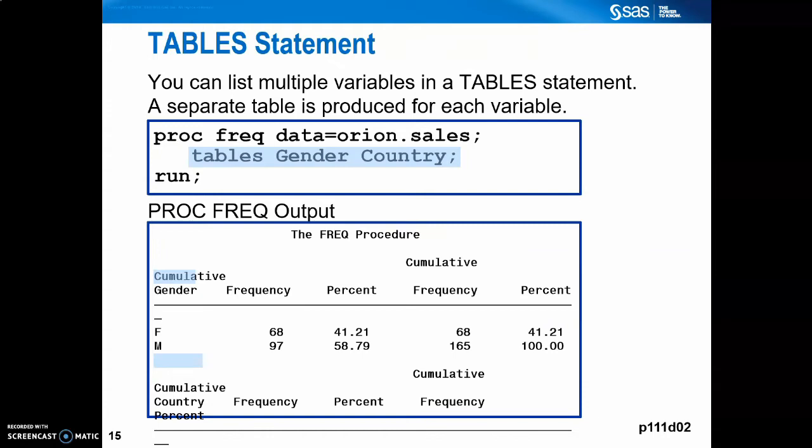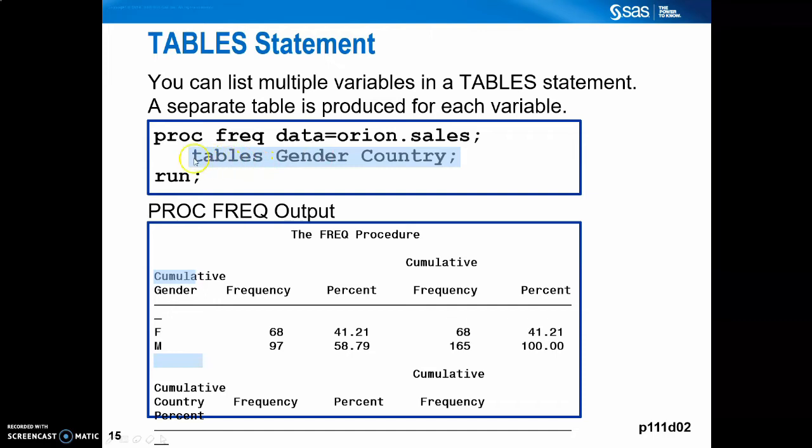A separate table is produced for each variable, so we can provide tables simultaneously for many variables. For example, here gender, country, and we can add more variables, depending on the programmer.